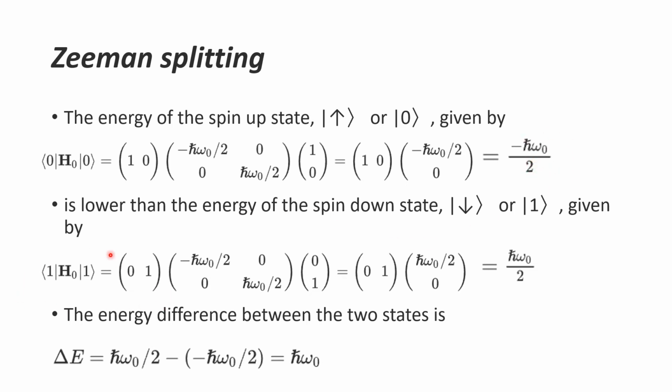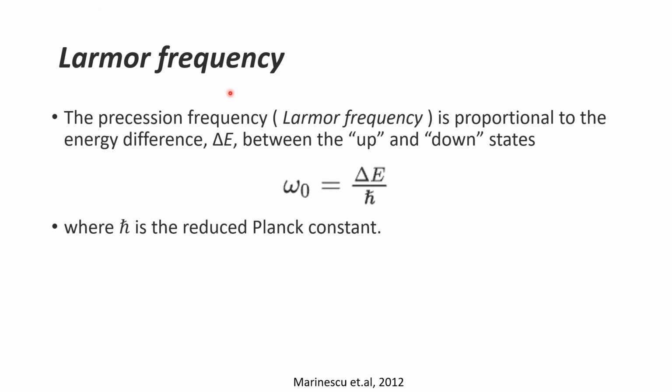The same operation can be done to obtain the energy level for the one state, which is the direct opposite of the energy level for the zero state. The energy difference between these two states is the reduced Planck's constant multiplied by the angular frequency. Finally, the Larmor frequency can be obtained by this equation: omega 0 equals delta E divided by the reduced Planck constant.